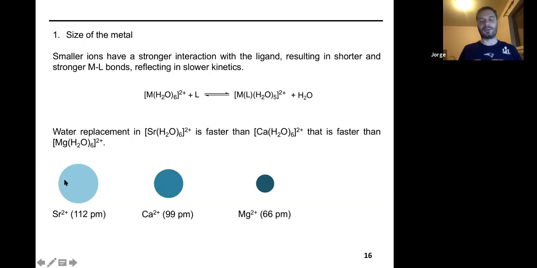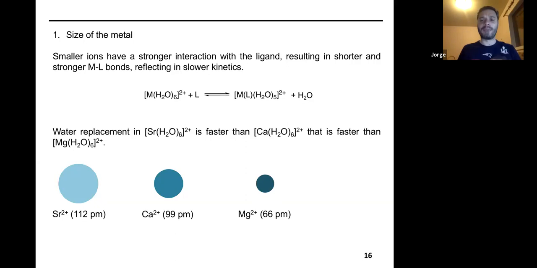And as we can see here, the largest ion is strontium 2 plus, and the smallest one is magnesium. Okay, so decrease the size, slow kinetics, because of the stronger interaction.